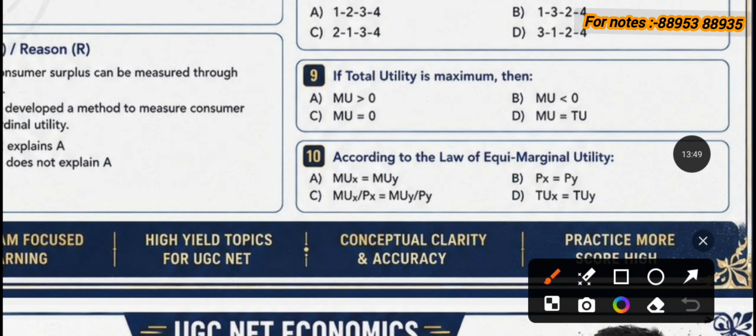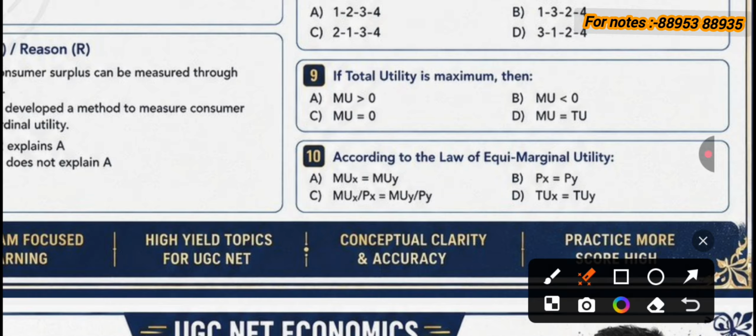Question number 10 says, according to the law of equimarginal utility, option A, MUx equal to MUy, option B, Px equal to Py, option C, MUx divided by Px equal to MUy divided by Py, option D, TUx equal to TUy.